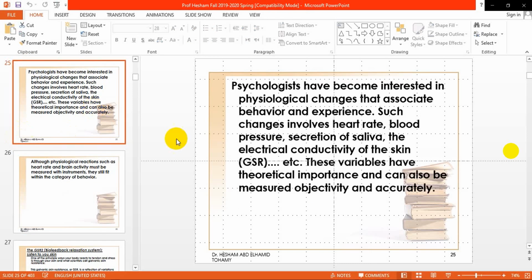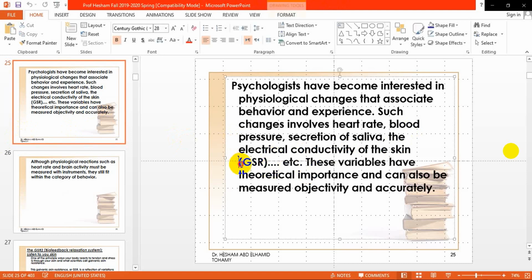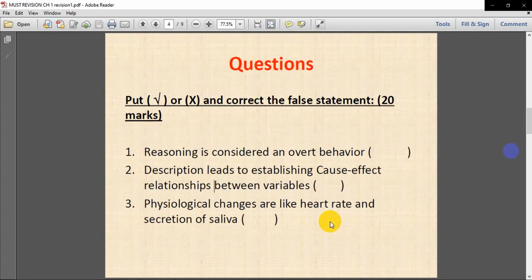They include heart rate, blood pressure, secretion of saliva, and the electrical conductivity of the skin, abbreviated as GSR, or galvanic skin resistance. So physiological changes are like heart rate and secretion of saliva. Yes, true.